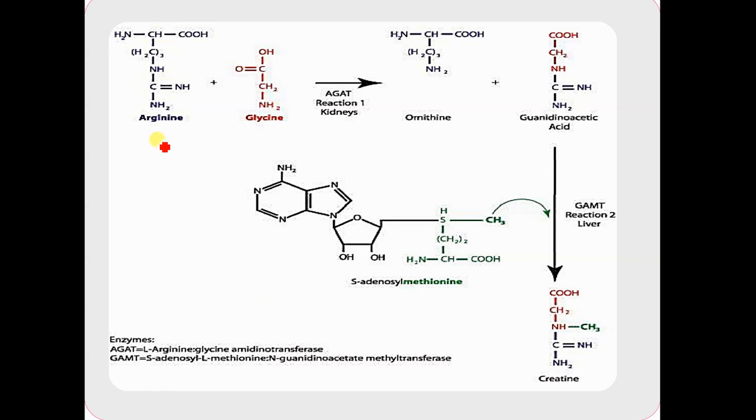In reaction number 1, arginine donates the guanido group, and this guanido group binds with glycine by the enzyme arginine glycine transamidinase and forms guanidinoacetic acid.